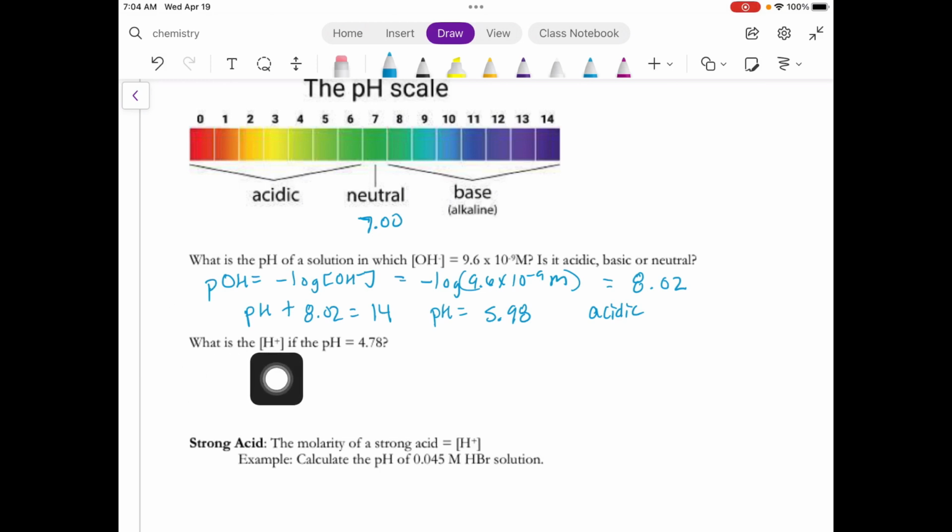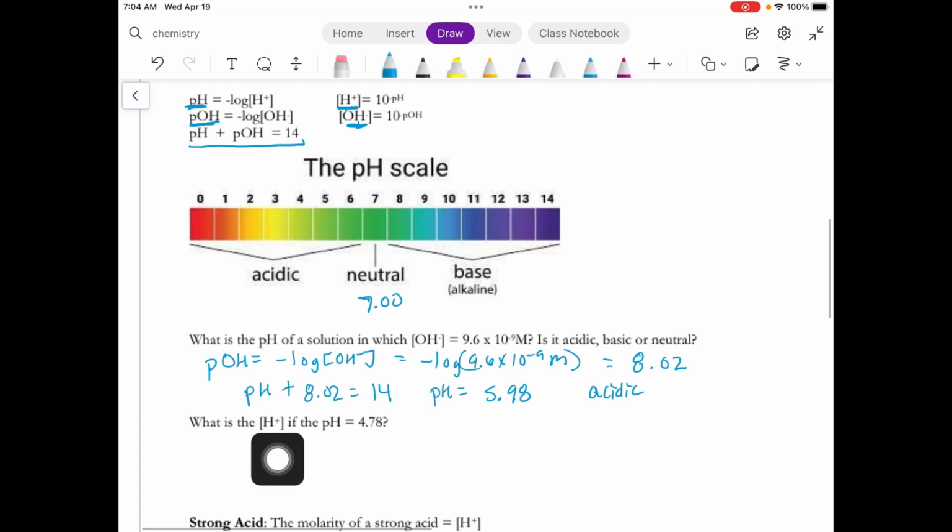Now I want to calculate the H plus concentration if the pH is 4.78. So I want to use this equation: H plus is 10 to the negative pH. So that's 10 to the negative 4.78. That one's pretty easy to put in your calculator.